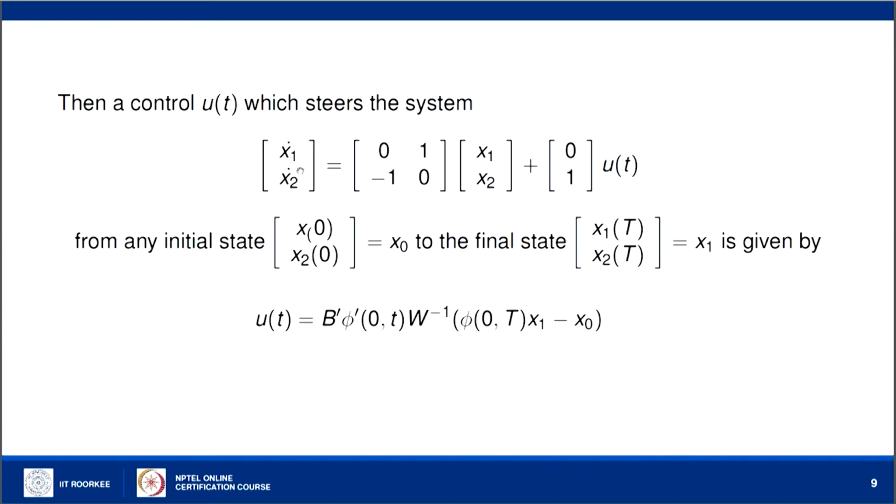Control for this particular system x1 dot and x2 dot is given by A into x1 x2 plus B into u, and if you have any initial condition x naught and any final condition x1, two vectors, then the control given by this expression will steer the system from the initial point to the final point.